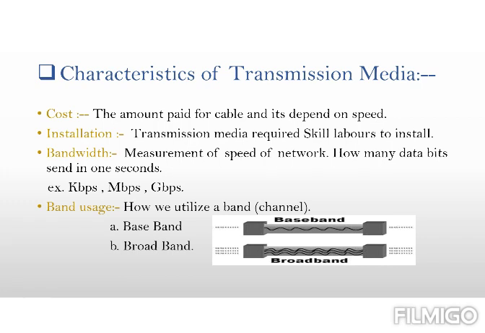You can check in the diagram. There is only a single channel in the baseband and there are 3 channels in broadband. That means you can send 3 bits at a time. So basically the broadband is faster than baseband. So the first is cost, second is installation, third is bandwidth, fourth is band usage.